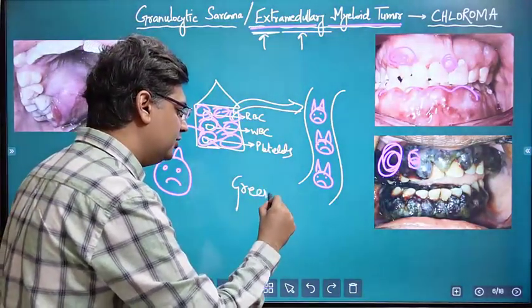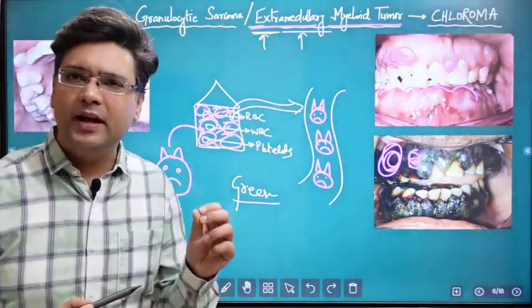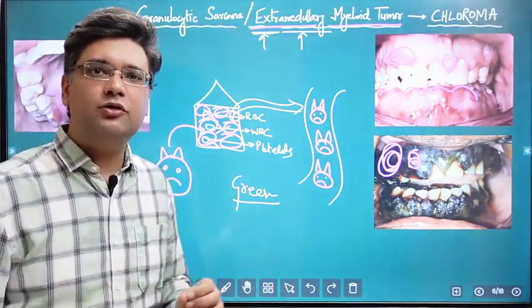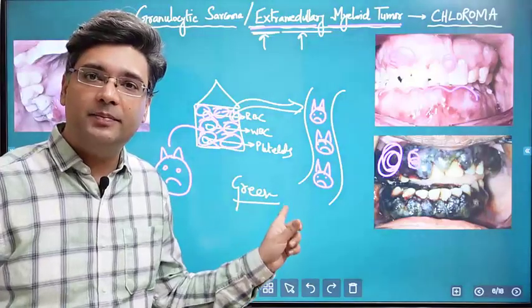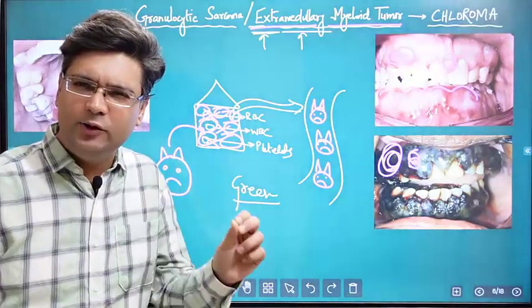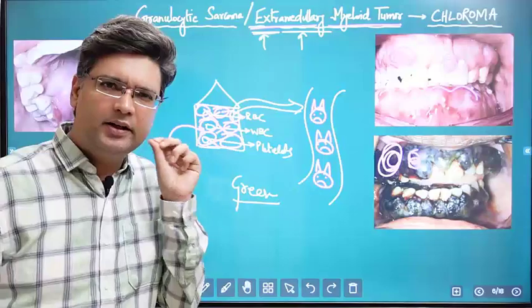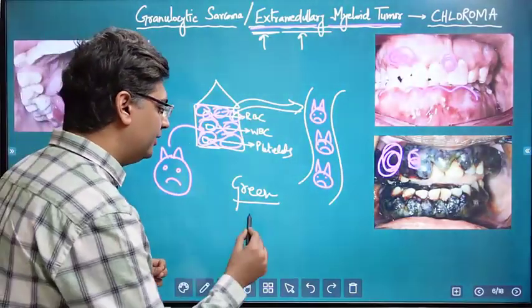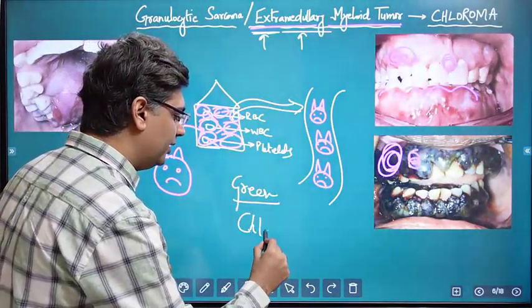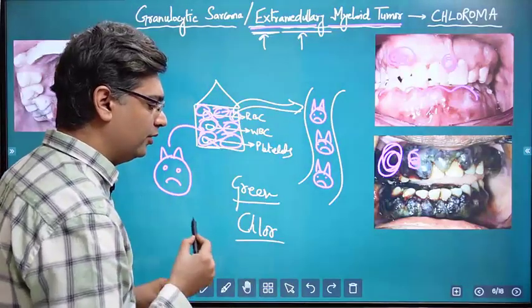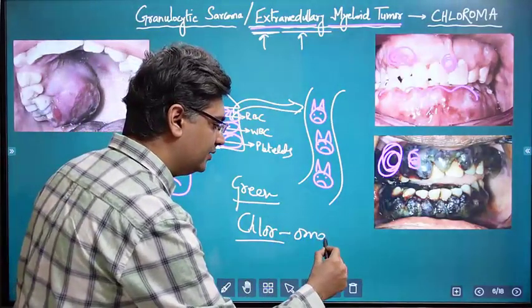Okay, greenish in color. In fact, it can also reach other soft tissues and start appearing greenish in color. These leukemic cells have a slight greenish tinge. And because of the green color, it can be correlated with a term called chlor. Chlor means green and oma is tumor.